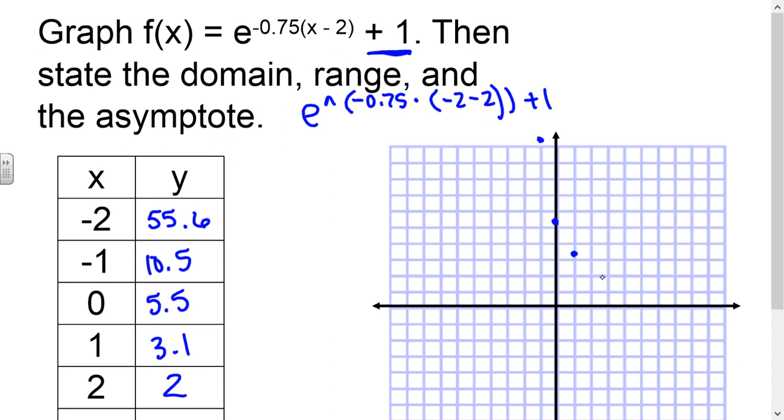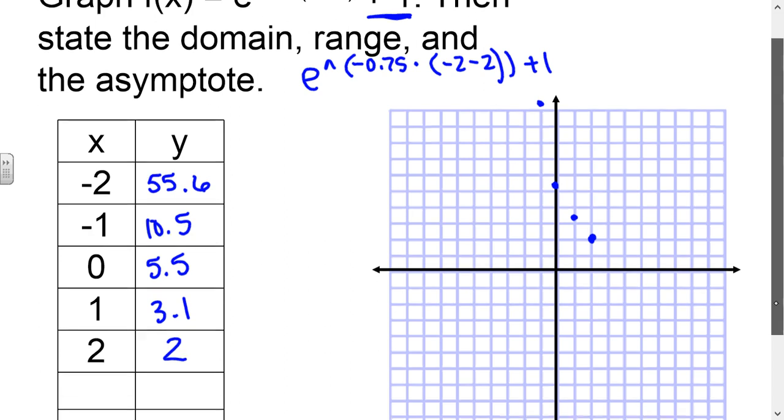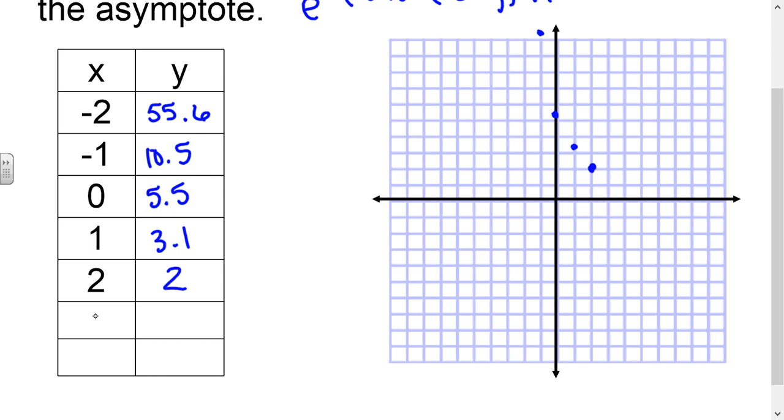And 2, 2. Now, I'd like to plug in some more numbers over here so that I get a more accurate picture of what my graph looks like. So I'm going to take a moment and plug in also 3 and 4 to see what happens to the rest of my graph.